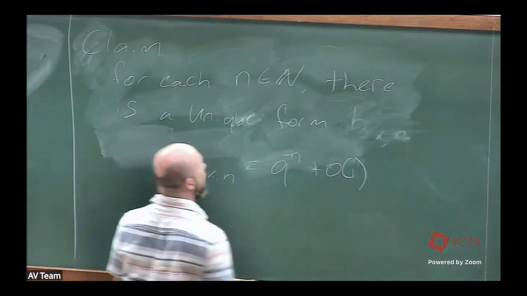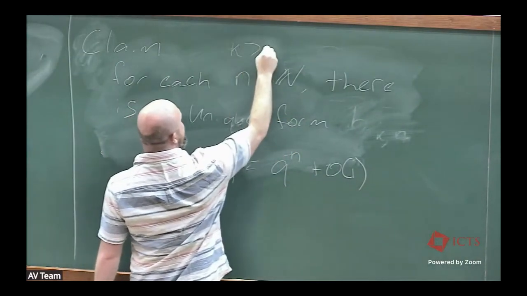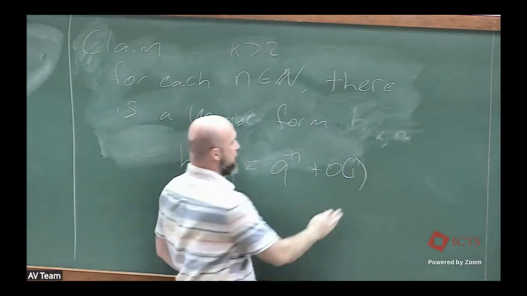Now I should add another hypothesis here. I need k to be bigger than 2 for this to make sense, or for this to be true the way that I've written this.